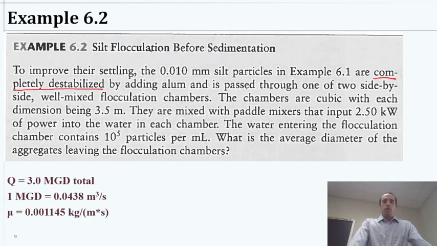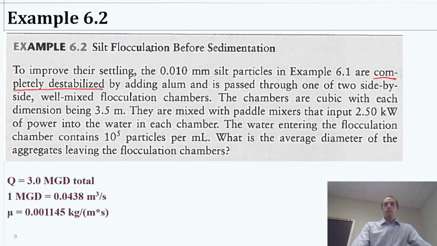These chambers are cubic, with each dimension being 3.5 meters. So we were just given the volume of the chambers and the size of them. They're mixed with paddle mixers. I'll draw it up with you in a moment.